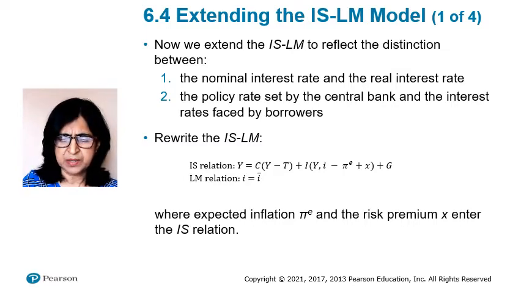IS relation: Y equals C(Y minus T) plus I(Y, i minus pi e plus x) plus G. LM relation: i equals i bar, where expected inflation pi e and the risk premium x enter the IS relation.